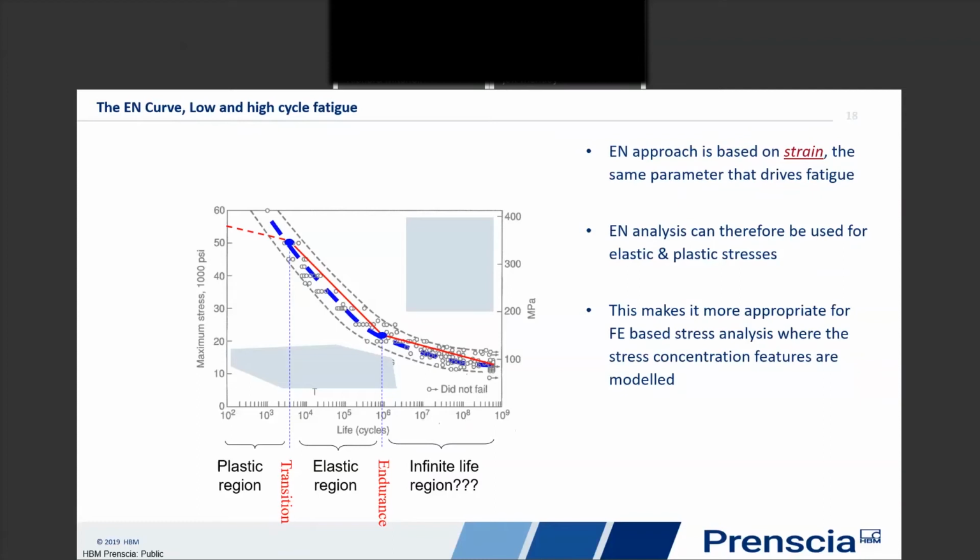And so using elastoplastic strains, we can go in and actually predict life in the low cycle regime, but the high cycle regime of the strain life curve mimics stress life, so it's actually applicable in both places. The downside to strain life is it's computationally intensive.